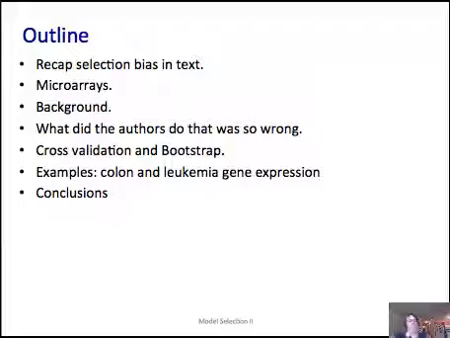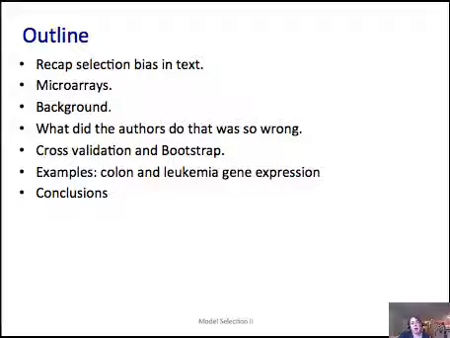I'm not going to go through it section by section. I need to introduce a little bit of background, and that's kind of what you'll have to do as well. You'll have to give a background into the technology or into the problem itself, and so you might have to do some additional digging. What I'm going to do for my background is recap selection bias in the text, which we saw in a smaller example.